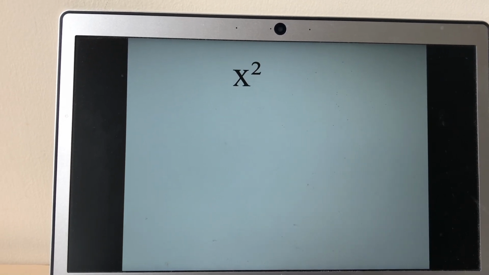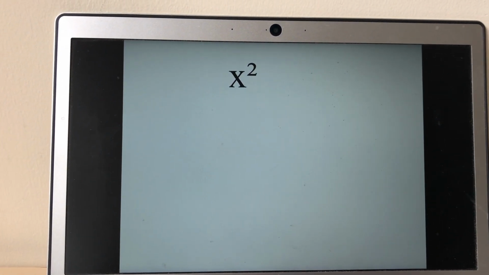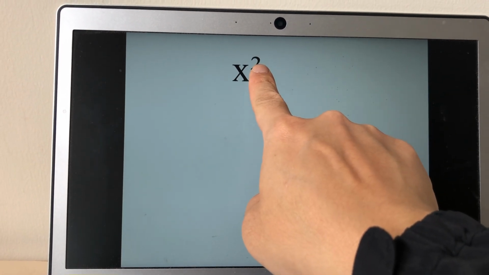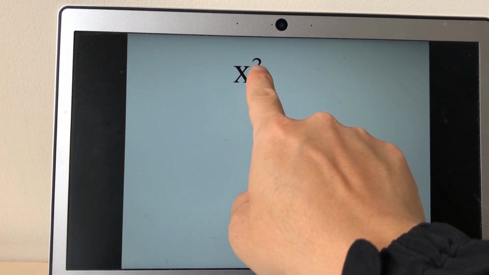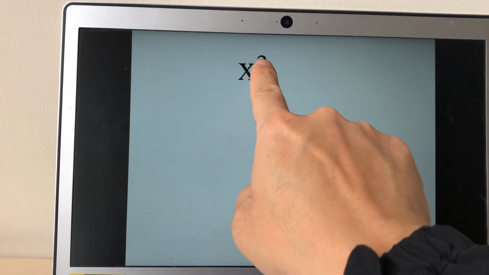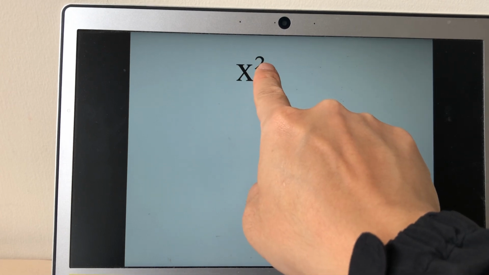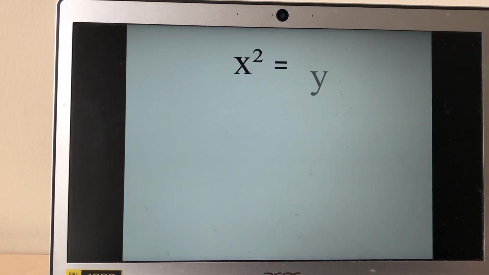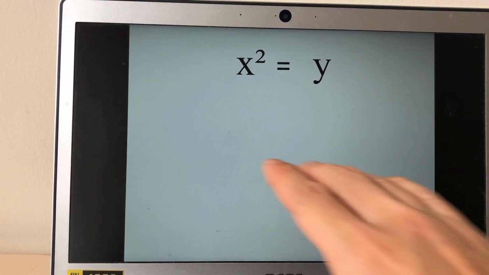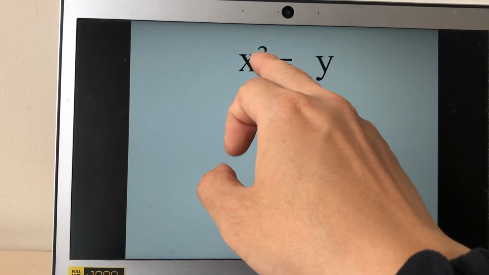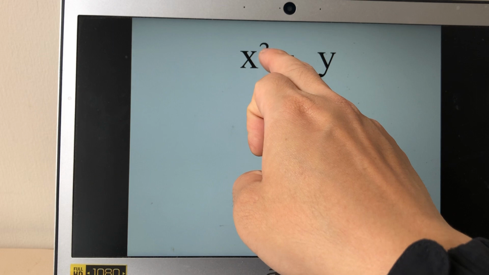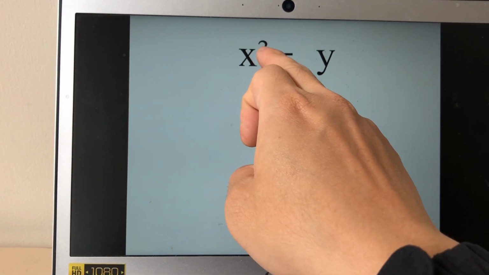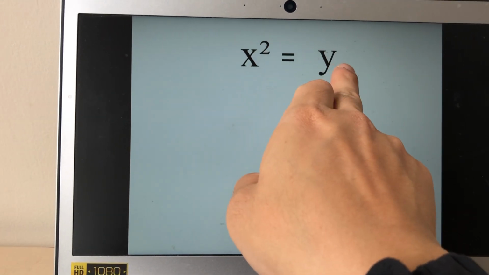I also need to tell you how to get rid of the square. You remember that we call this a square, right? This is x to the power of 2, or x squared. So if you are given an equation x squared equal to y, then what to do if I don't want to have the square here? If you don't want to have the square here, you can move this square to the other side.